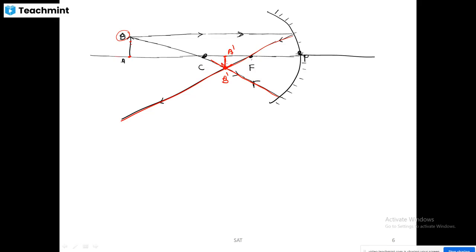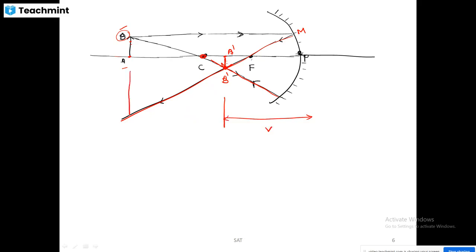Okay, right. So I want to take the points here. This is point M, and this is A, and B, and the center of curvature. So where is the image distance here? The distance between the image and the pole is called the image distance, that is v. Where is the object distance?